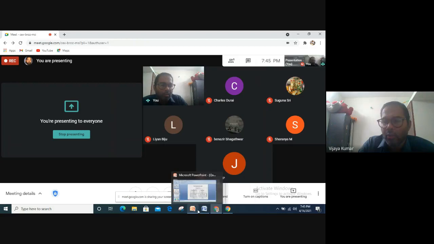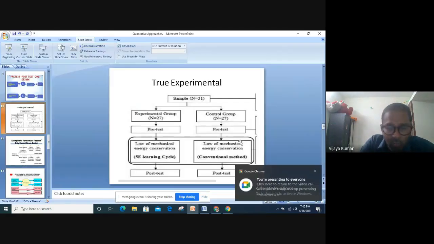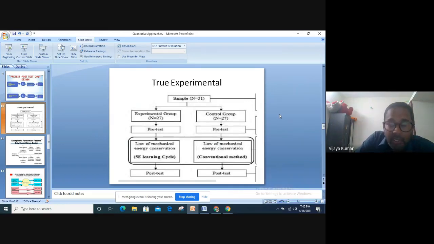So moving on. Ultimately, she may or may not achieve the desired outcomes. It all boils down to what she finds out and how she argues. That's how people conduct true experimental design.